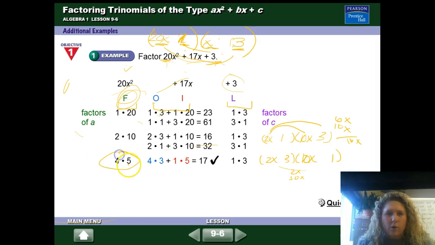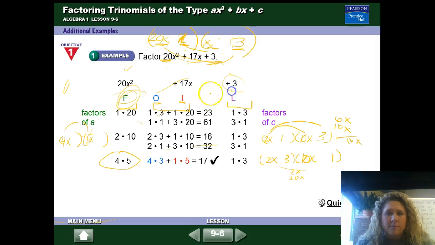So let's try factors 4 and 5 for my outer and inner to try to get that 17, because once again, let's make your parentheses and you're just plugging and chugging through. 4x, 5x. My first term is 4x times 5x, which is 20x squared. That works.